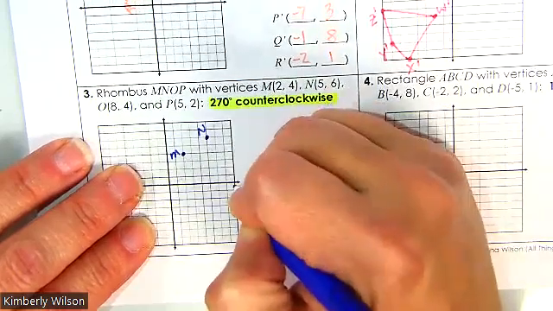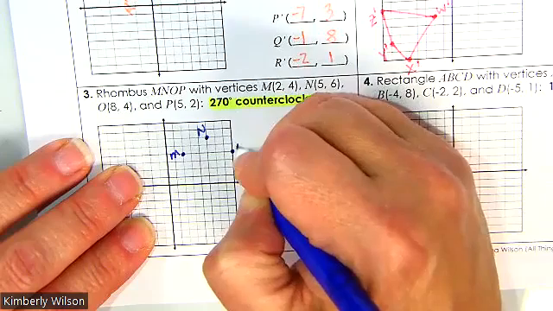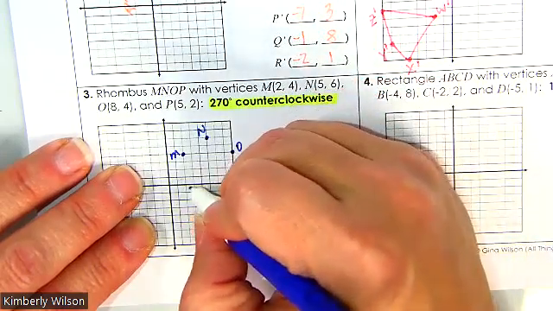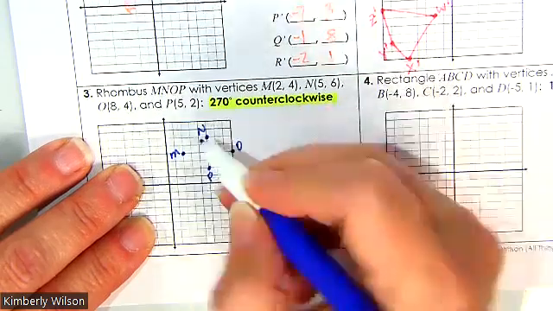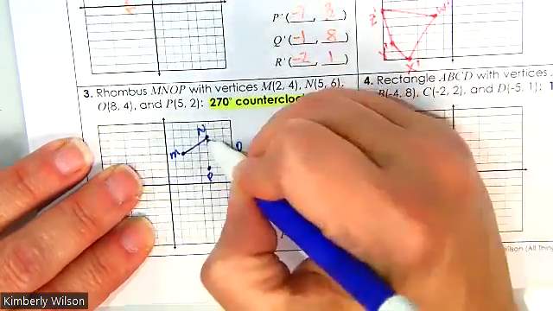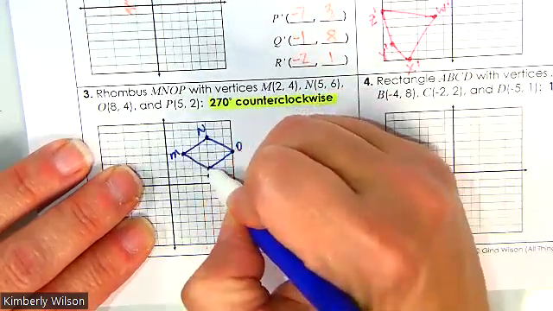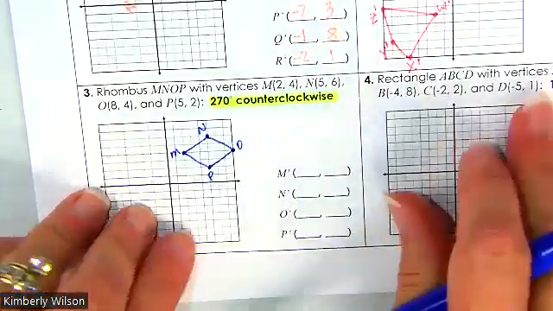O is 8, 4. P is 5, 2. And we connect the dots. And if you notice, we've got us a nice little rhombus. Look here. A parallelogram. All right, so now 270 counterclockwise.